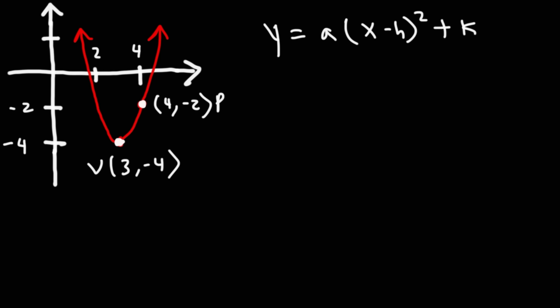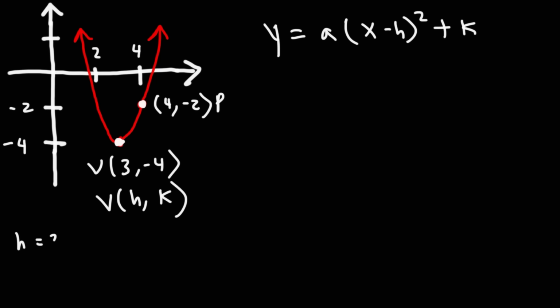Using the vertex, you only need one more point. If you're going to use the standard form of the equation, you need 3 points to find the quadratic function. Here we only need 2 points. h is the x value of the vertex, k is the y value of the vertex.